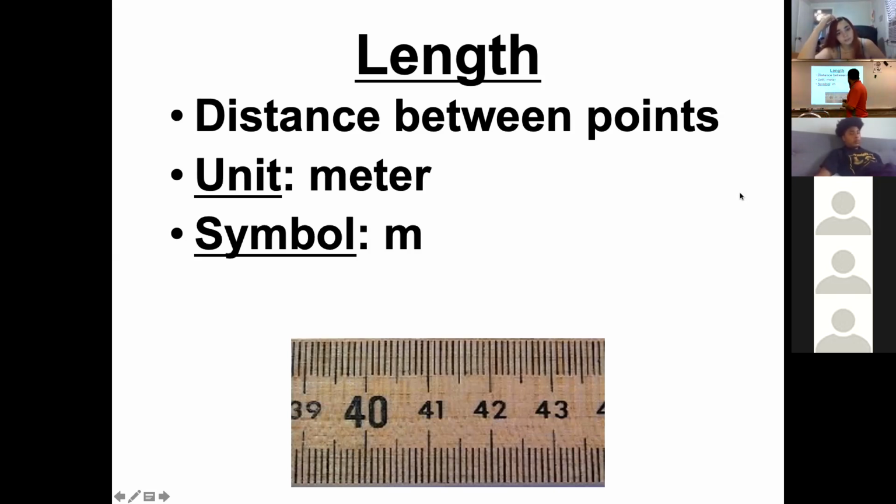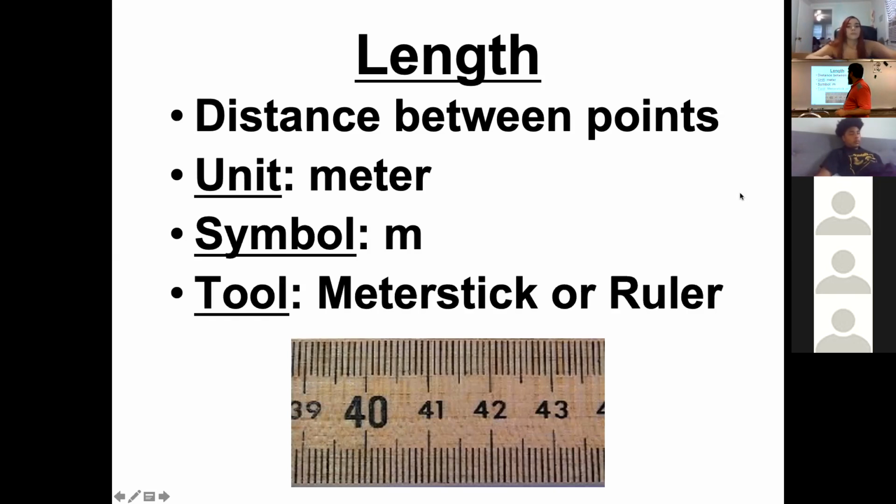So we only would ever want to write that with a lowercase m if we're talking about meters. That means 50 meters. The other thing I wrote does not. And the tool we use is generally going to be a meter stick or a ruler. Meter sticks are really handy because they have the entire meter. They're much easier often to measure with.